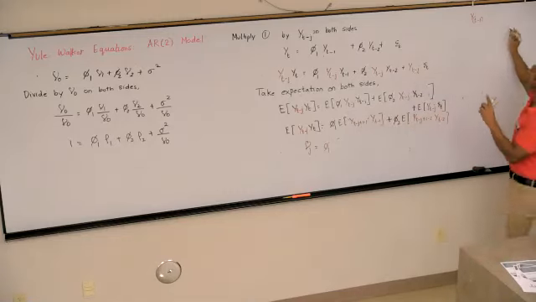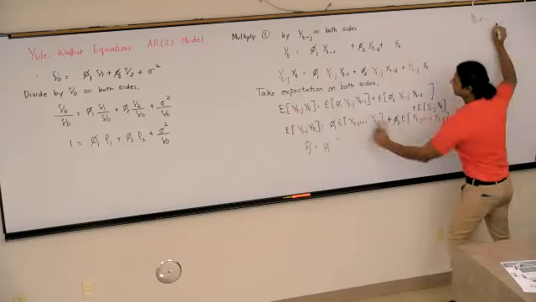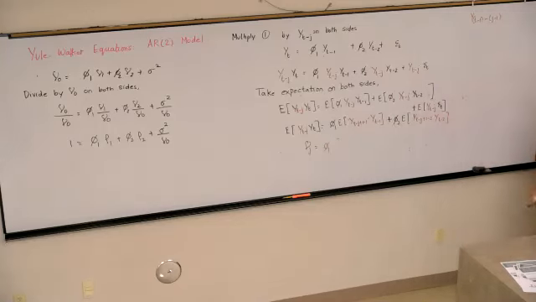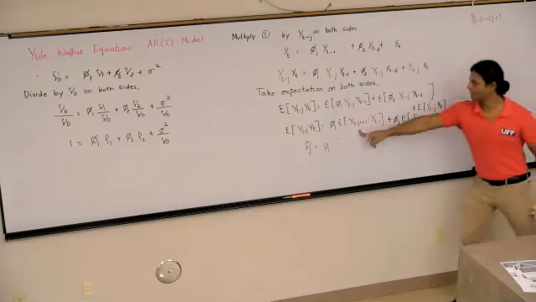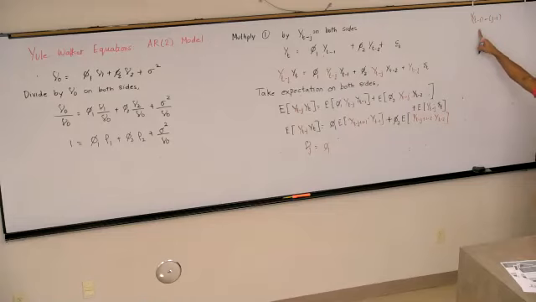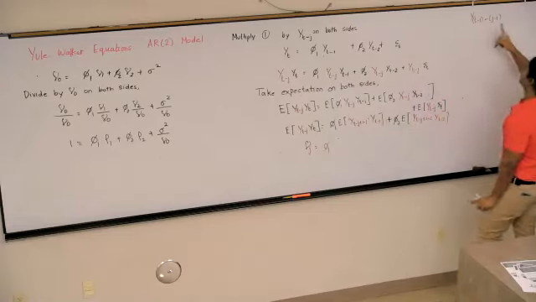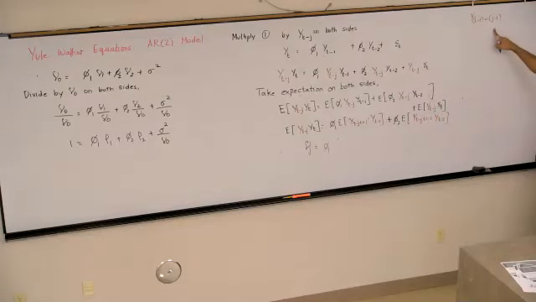If I pull the minus out, I can write it as minus j minus 1. Correct? Yes.